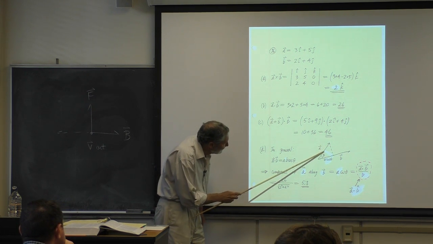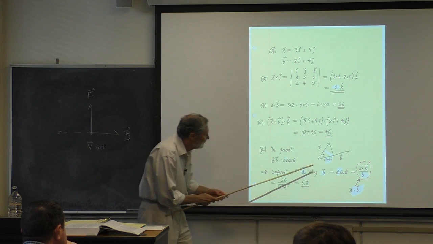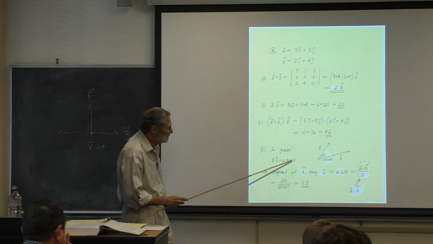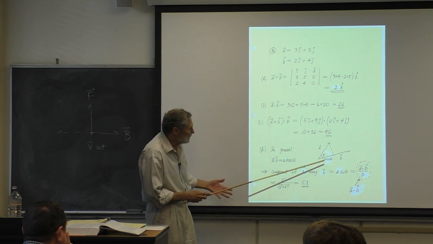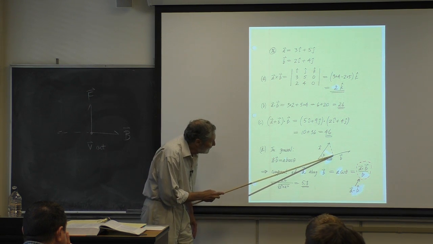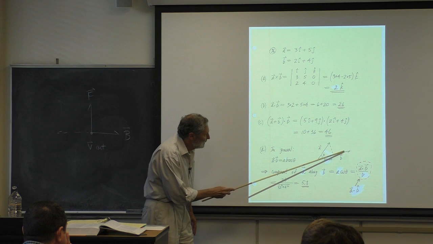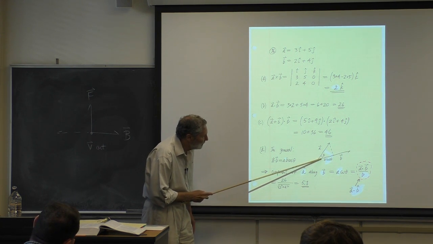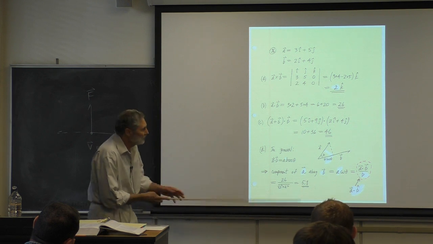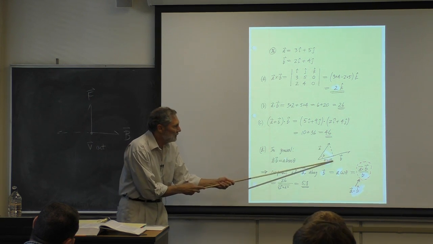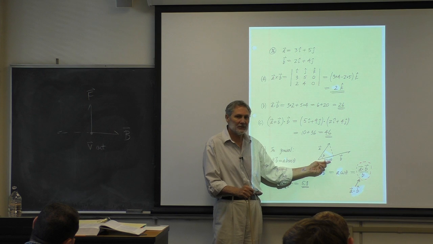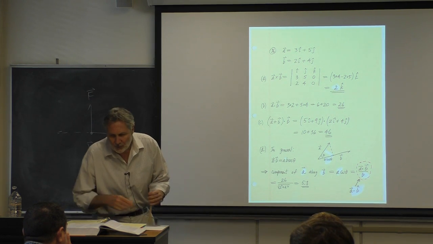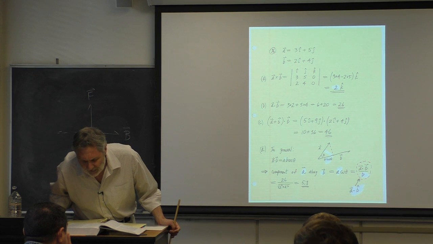In general, vector A and vector B here, the definition of the dot product, AB cosine theta, can be interpreted as this times the magnitude of B, where this is the component of A along the direction of B. That's what this is right here. I project A on B and I get this. I get A times the cosine of theta.